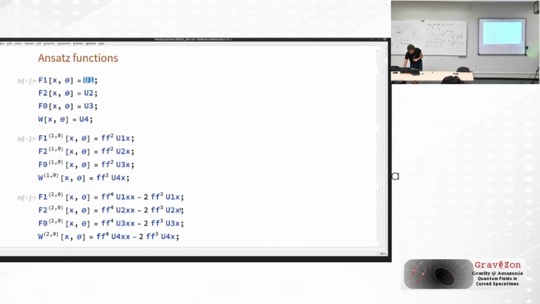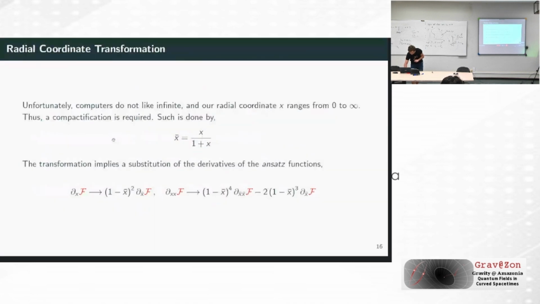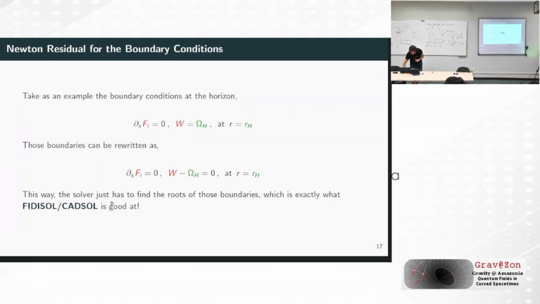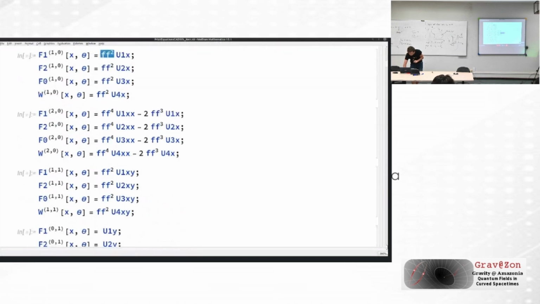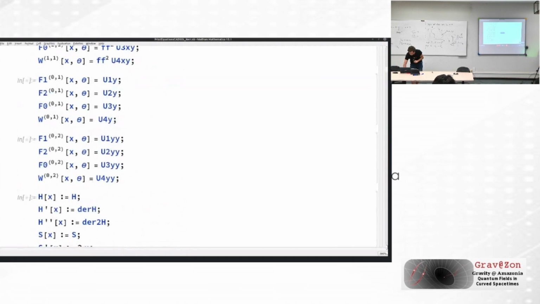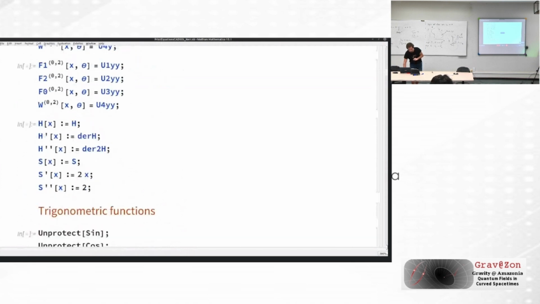Here, for example, the radial derivative now will have this FF, which is essentially this quantity here. And you can write everything in this way, so that when you print everything, you have everything written as Fortran wants.